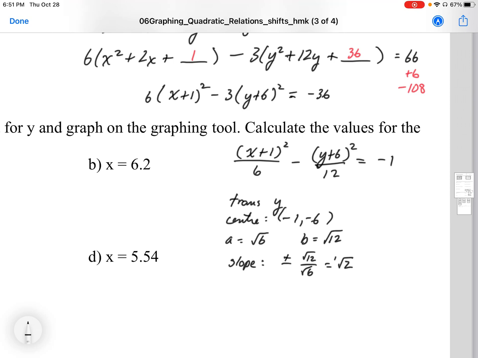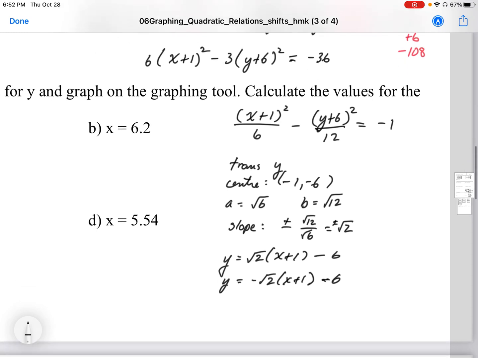Okay, so then the equations of the asymptotes are y equals root 2 times (x plus 1) minus 6, and y equals negative root 2 times (x plus 1) minus 6. I'm just putting it into the point slope form since we already know the center coordinate, which we're using as our point, and the slope is root 2.